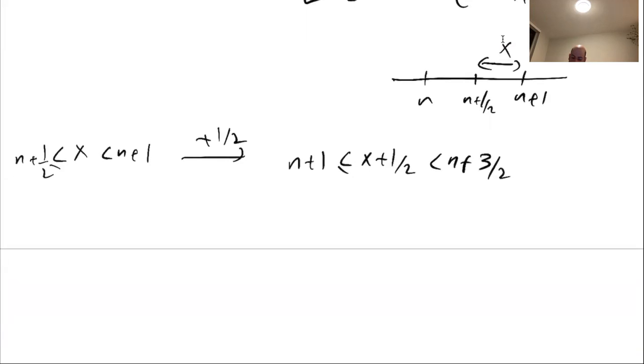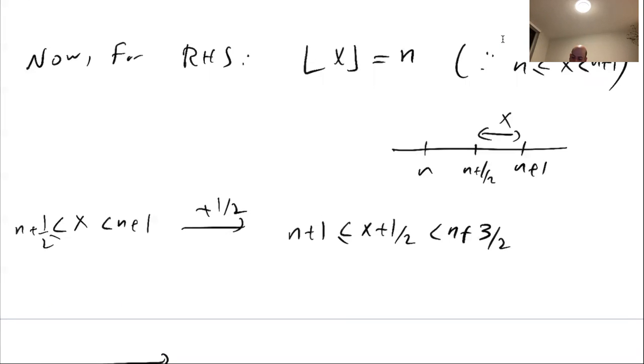So floor of x plus 1/2 will be how much? x plus 1/2 will be between n plus 1 and n plus 3/2, so less than n plus 2 basically, right? Because where is n plus 3/2? n plus 3/2 would be somewhere here, which is less than n plus 2.